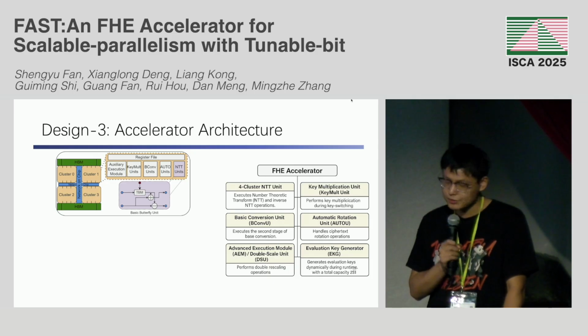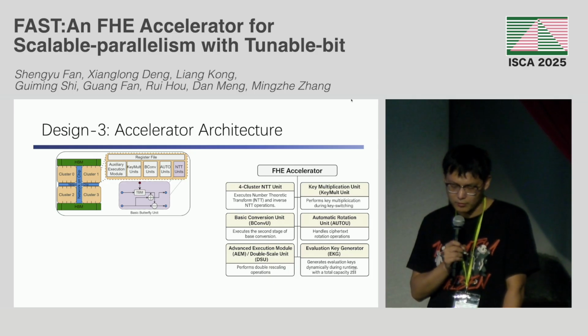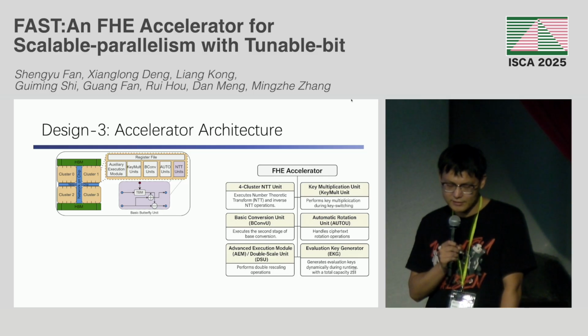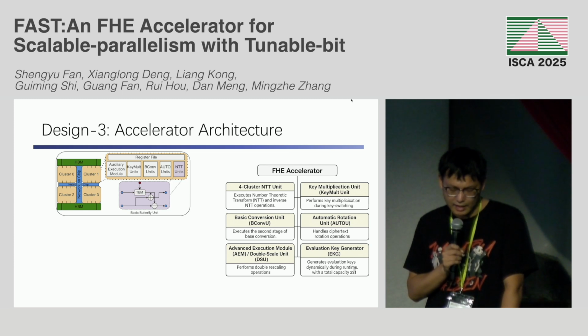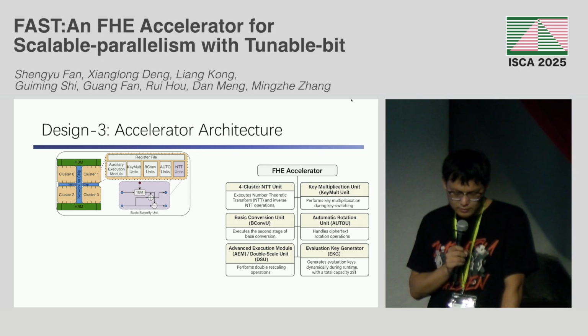Next, I will introduce the overall architecture of our proposed accelerator. The FAST accelerator is composed of 4 parallel clusters. Each cluster contains several key functional modules, including the NTT unit, base conversion unit, auto unit, key multiplication unit, and AEM unit.